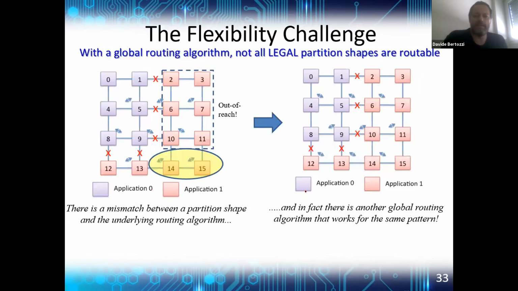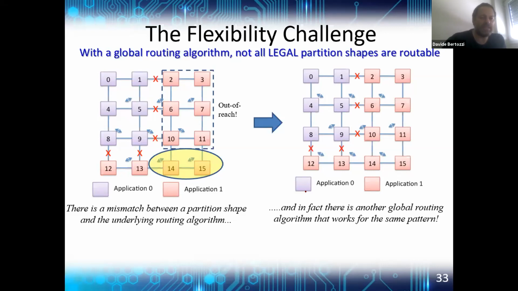Now let us decide to stick to legal partition shapes, the partition shapes that can be routed with an LBDR routing mechanism. Now let's wonder whether you can use LBDR in conjunction with the global routing algorithm in such a way that you don't have all that runtime overhead to recompute the routing function on the different partition shapes.